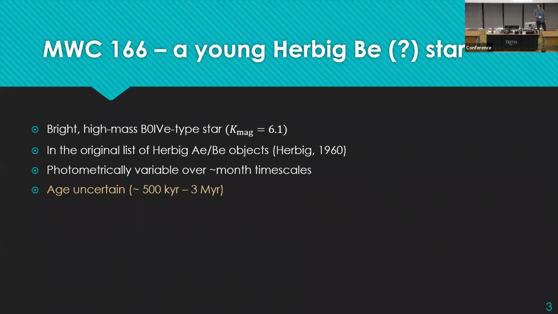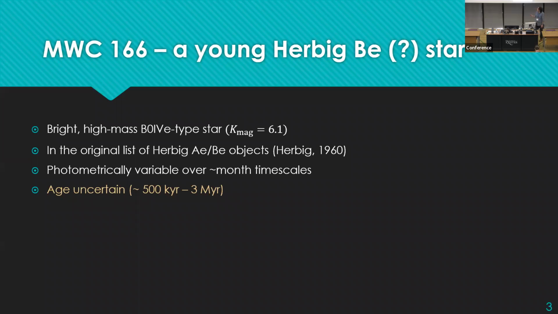Okay, so MWC166. This is a very bright B-type star with a K magnitude of about 6.1. We know it was in the original list of Herbig Ae/Be objects, but this doesn't necessarily mean it is exactly a Herbig star, hence the question mark at the top. It's been found to be photometrically variable over a couple of different timescales, but it's roughly around some months.